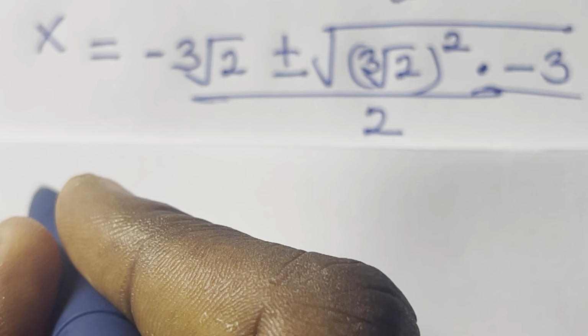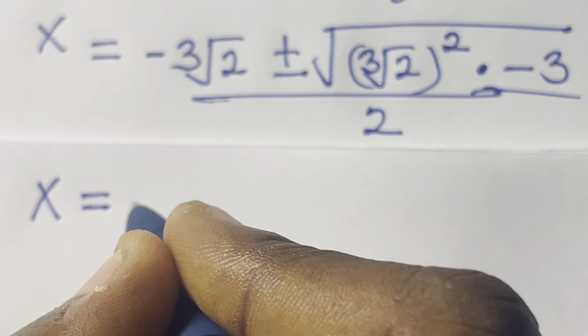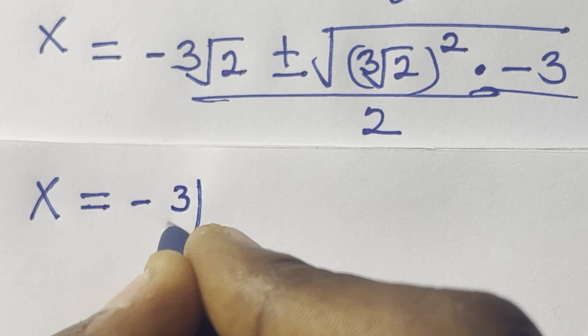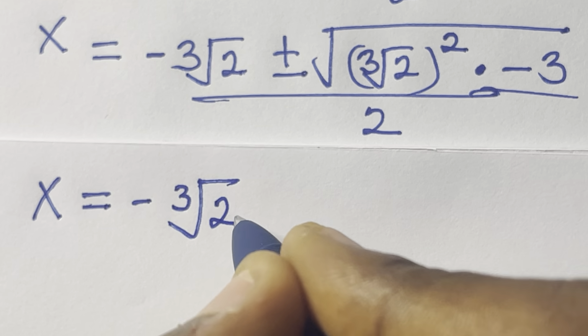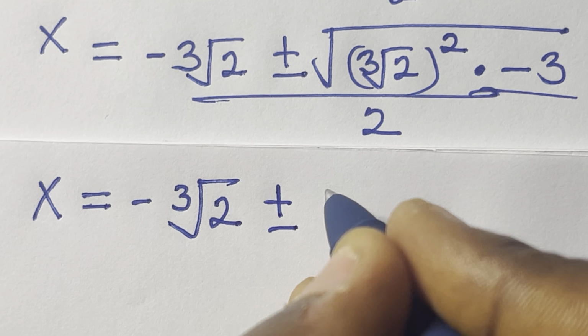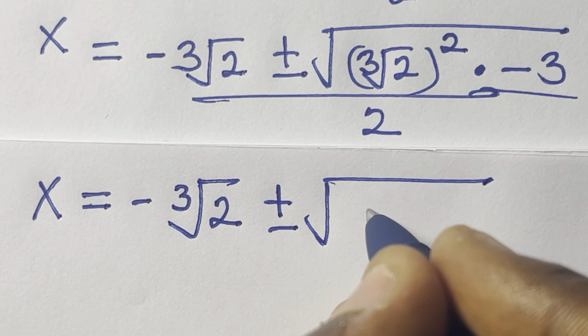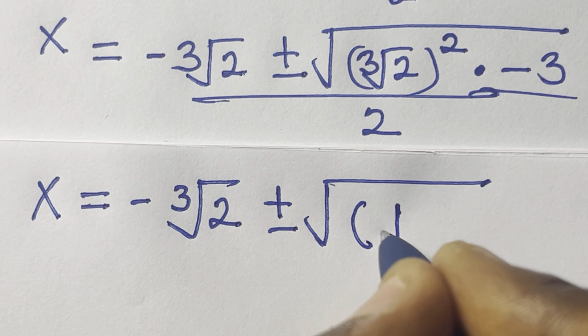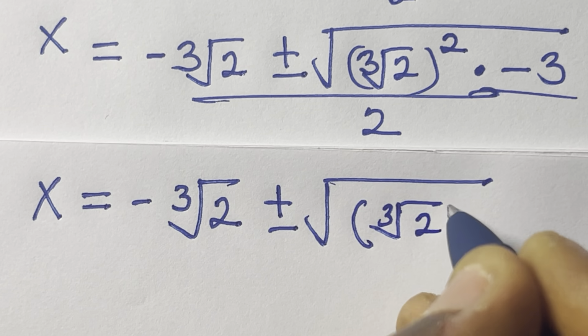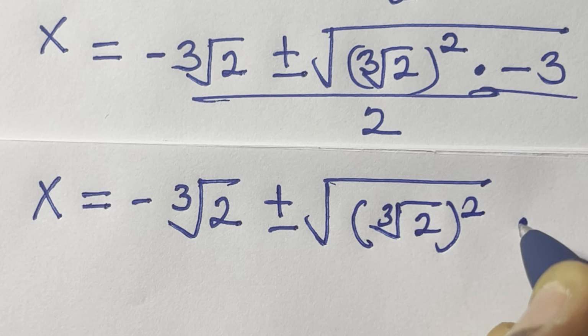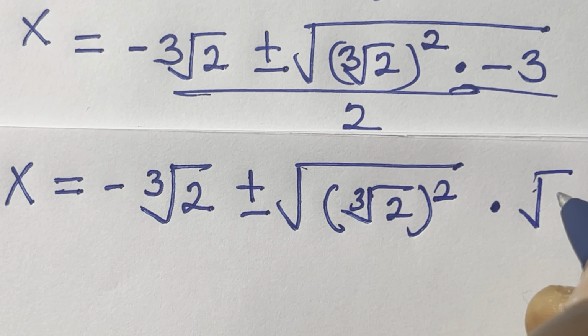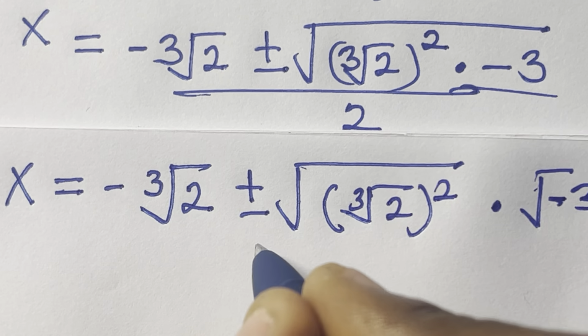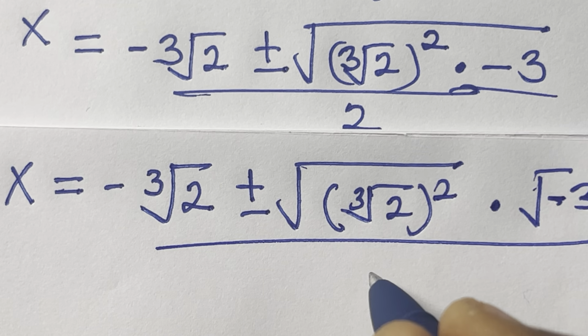So we are going to have x equals minus cube root of 2 plus or minus square root of cube root of 2 raised to the power 2, times square root of minus 3, right, everything divided by 2.